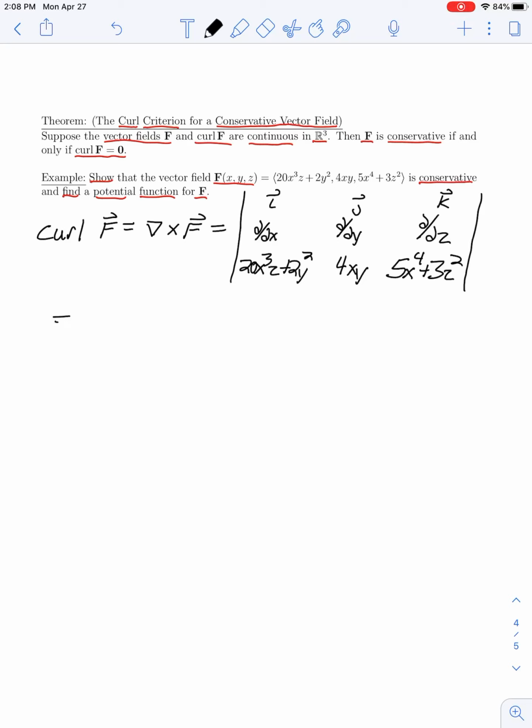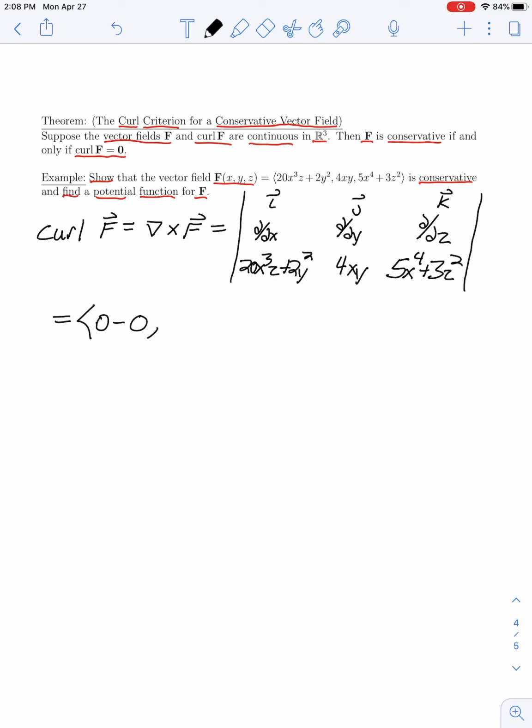So let's see what we have for this curl vector. For our first component, that is our i component, we have 0 minus 0.